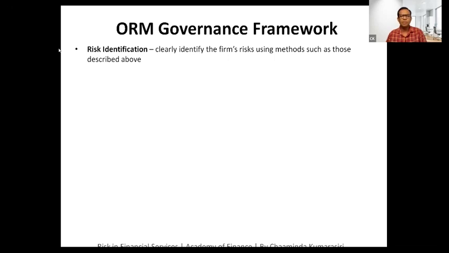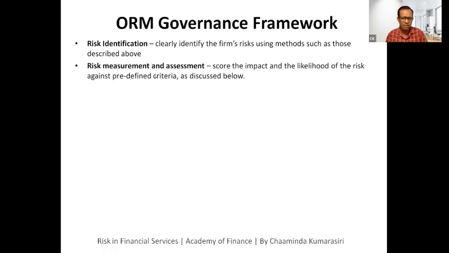Right. Then the next one is measurement and assessment. So once you identify the risk, you need to measure it. Now, I'm going to show you a diagram later. I told you the risk is a product of likelihood and impact. That you identify how much is the loss in case we materialize the risk, then how likely that it will occur, probability. So the probability into impact is the risk.